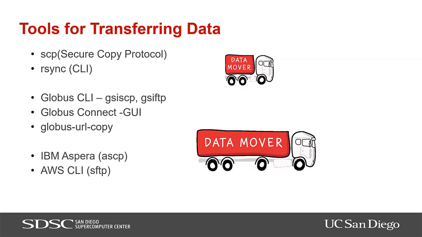If it's going to be scripted, you need a command line interface. So for smaller moves, you can use SCP or rsync or SFTP. For larger things, as Mahi mentioned, the Globus toolkit, we have a couple tools there and different places where you can use that from and how you can use it.